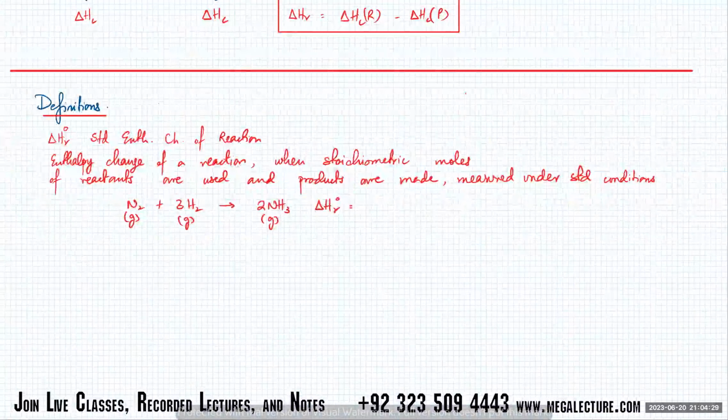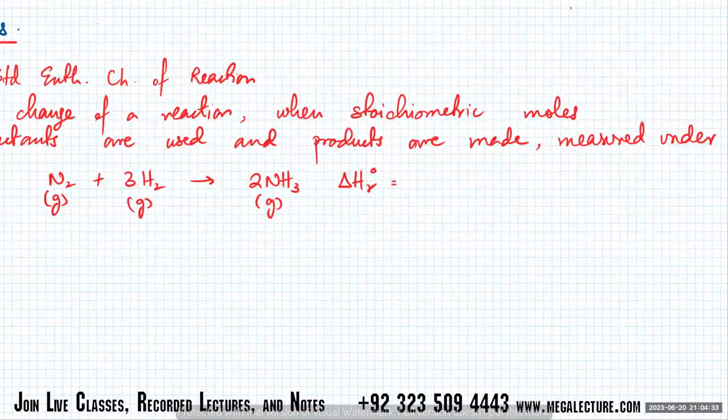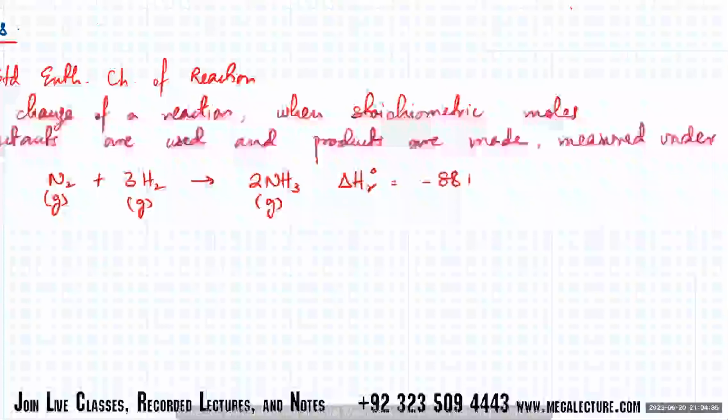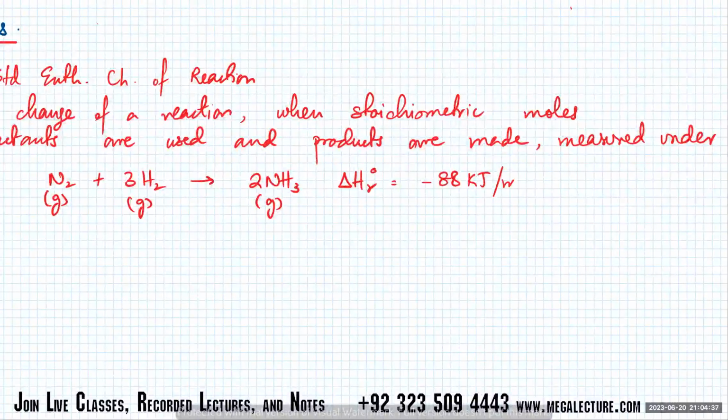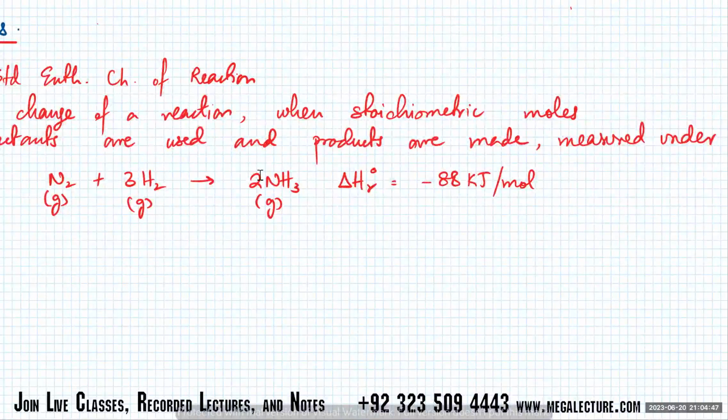So if N2 and H2 react, the delta HR is given as minus 88 kilojoules per mole. ये जो पहला वाला delta HR है ना, that means this enthalpy change is exactly if 1 mole of N2 is used and 3 moles of H2 are used and 2 moles of NH3 are produced as a result. So this enthalpy change is specific to these stoichiometric moles.